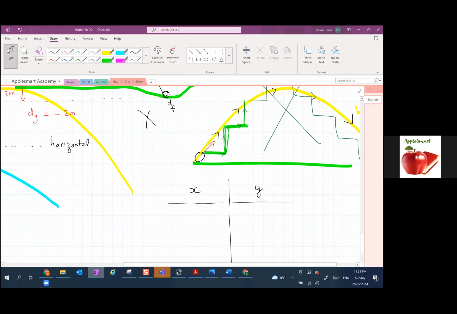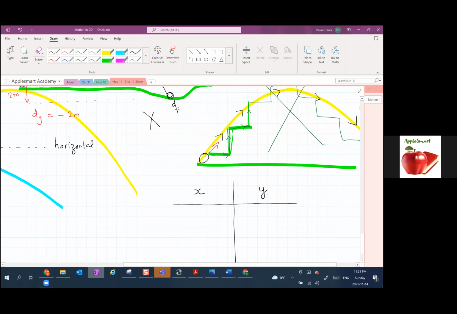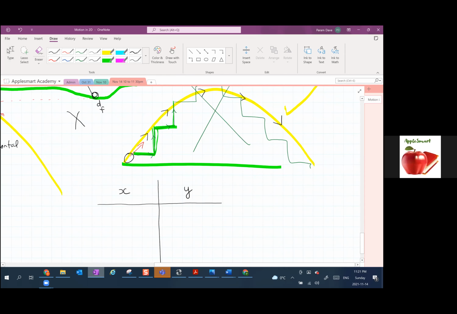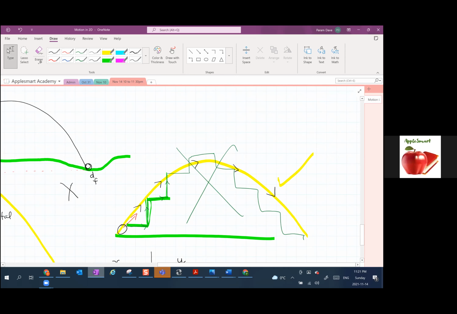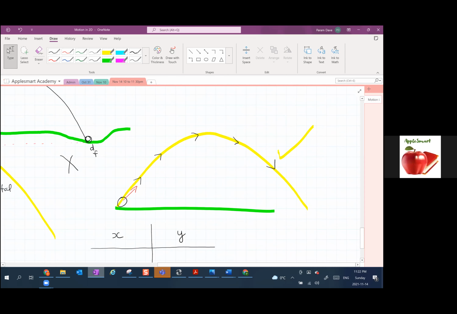So let's say you are actually kicking the ball. Okay, I'm just going to use one of the diagrams that I have. Let's just get rid of all of that because it doesn't move like that. Keep just the yellow part, okay? Even the yellow diagram, I don't like that much.